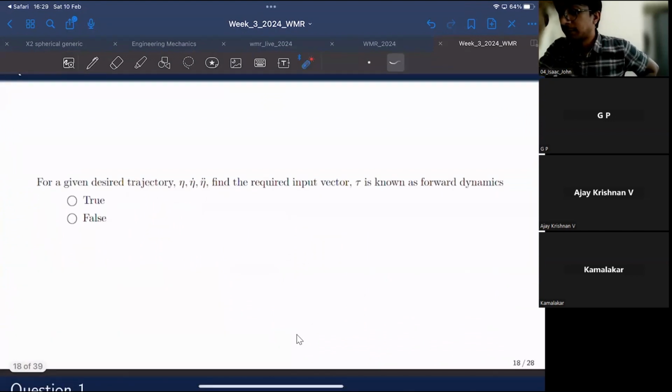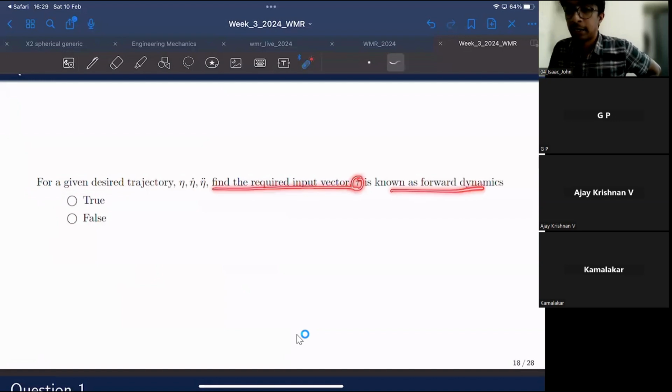So yeah, the first is basically a true or false question. For a given desired trajectory, finding the required input vector torque is known as forward dynamics.